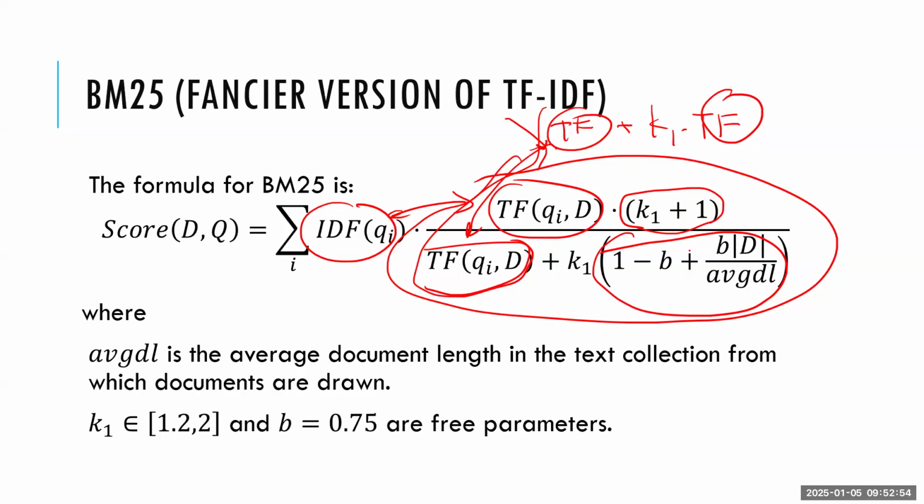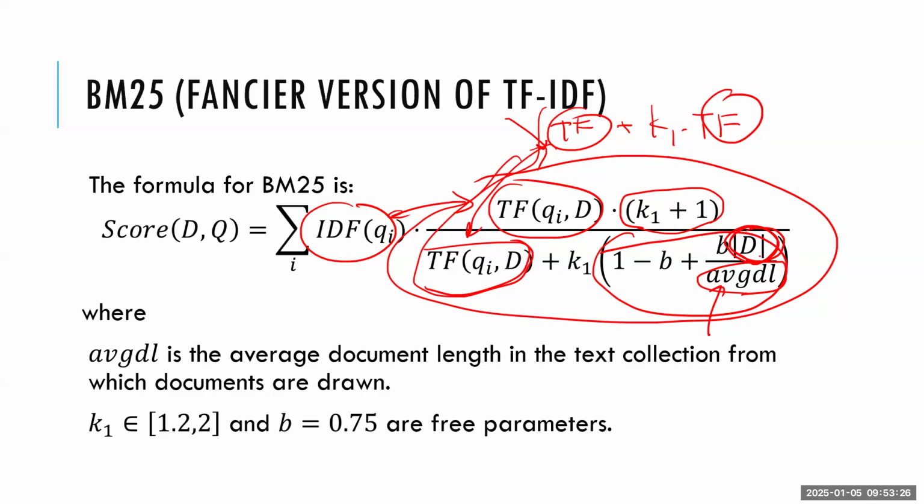BM25 tries to compensate by discounting by the average document length instead. So it's basically just a more normalized version of the TF.